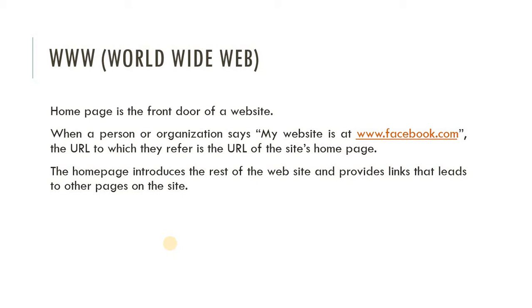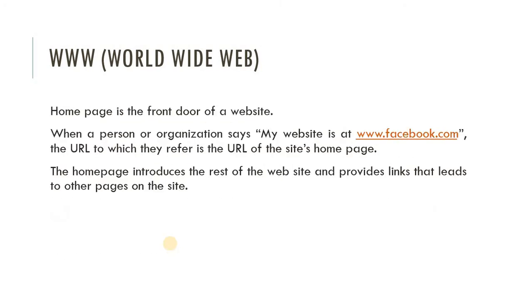The home page introduces the rest of the website and provides links that lead to other pages in the site. The home page has structure and contains many links, so by clicking on those links, we can be redirected to the other pages of that website. That is how a website is created, and all websites are stored on the WWW.